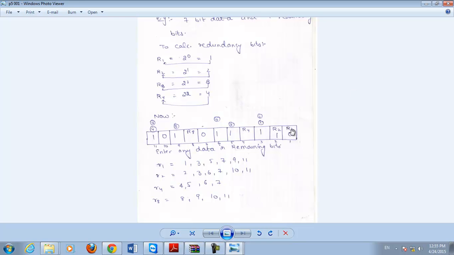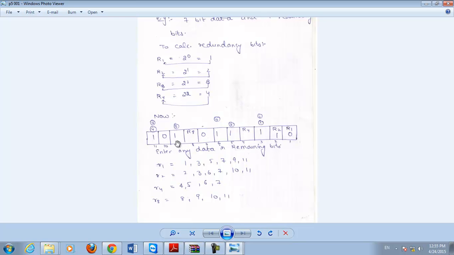Now for R1, you have to consider 1, 3, 5, 7, 9, 11. We skip 1 because in the first place, R1, we have to put the value. Take 3, which is the first one, then 5 is the second one. Then at the place of 7 there is 0, so we do not count it for the parity.